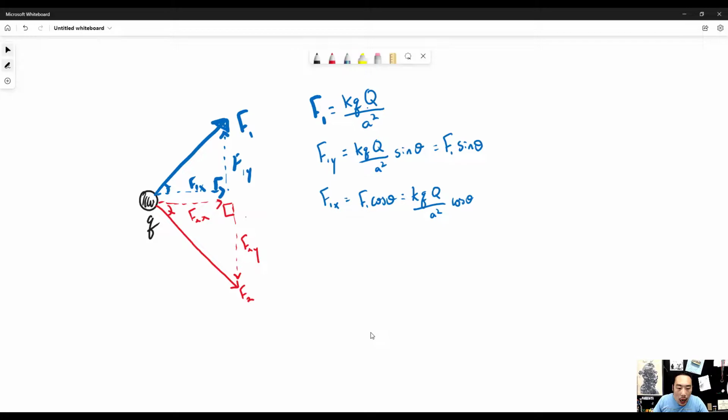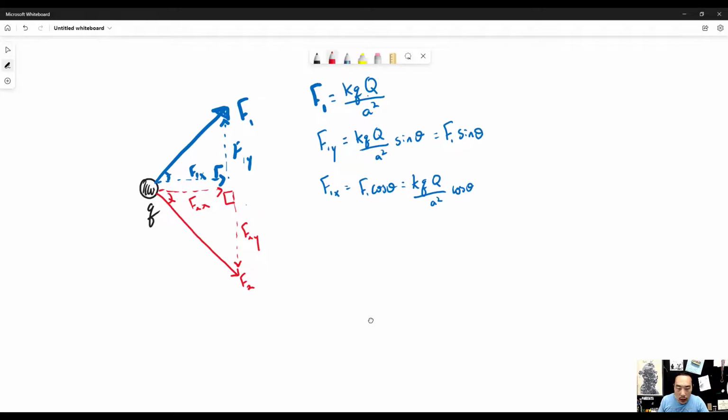All right, and I'm going to do the same thing over here, where we can say that f2 is equal to kqQ over a squared. Yes, I know that q is negative, but when we're doing this, the sign doesn't matter because we have a free body diagram, and our free body diagram is going to help us with the sign. Okay, and we have f2y, which is, watch what I do here.